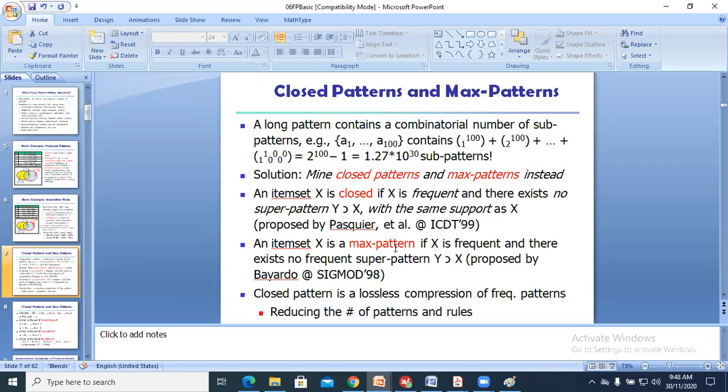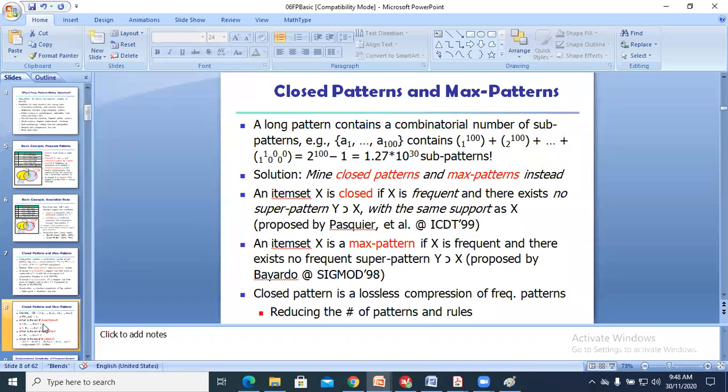An item set X is a maximum pattern if X is frequent, because A1 to A100 is frequent as its support is 1, and there exists no frequent super pattern, and there is no frequent super pattern of A1 to A100.